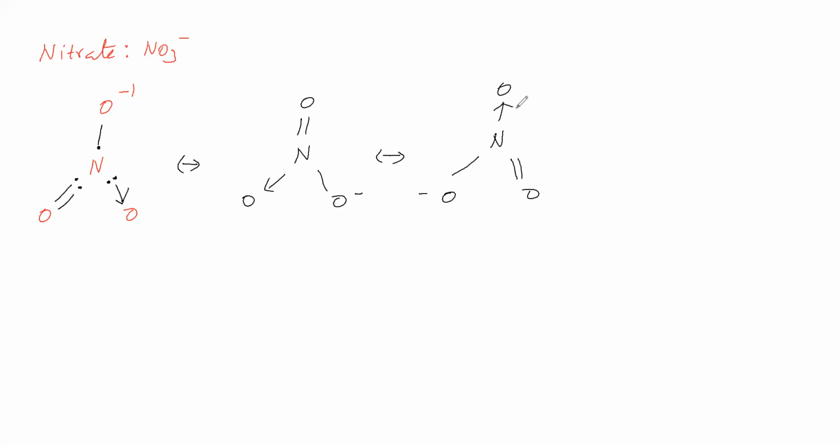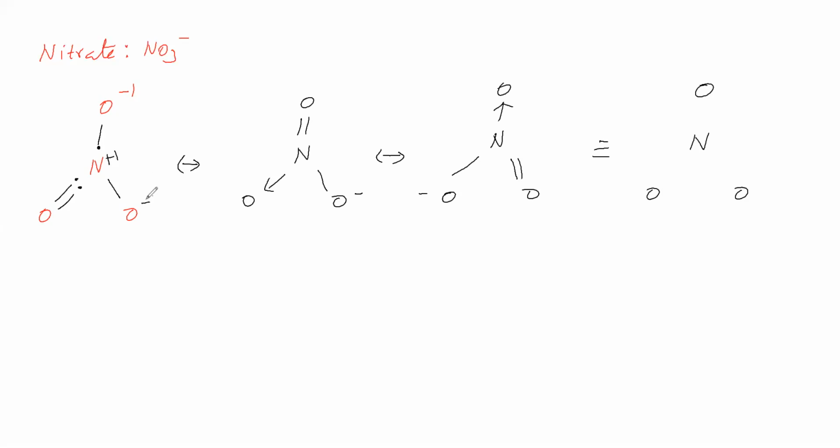Now we will go for the resonance hybrid. Nitrogen, 3 oxygen atoms we will write. This dative bond, I will write as a normal covalent bond by giving formal charges.